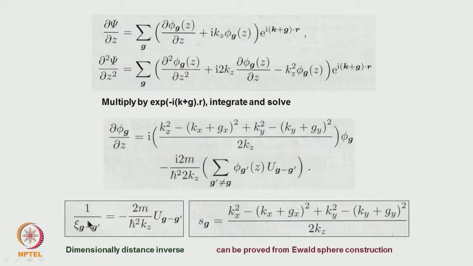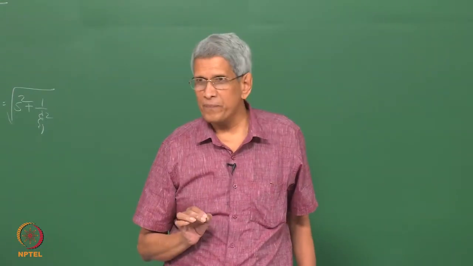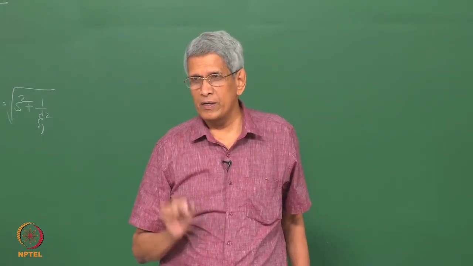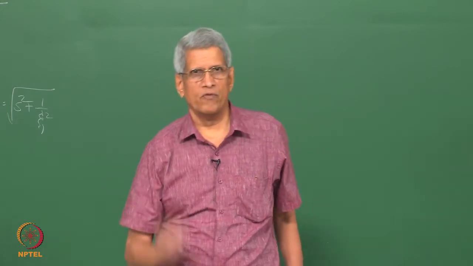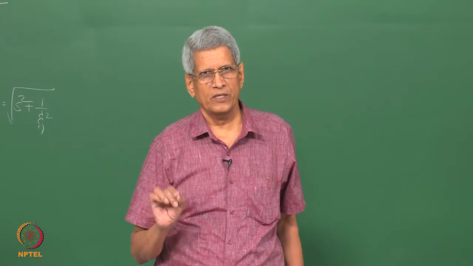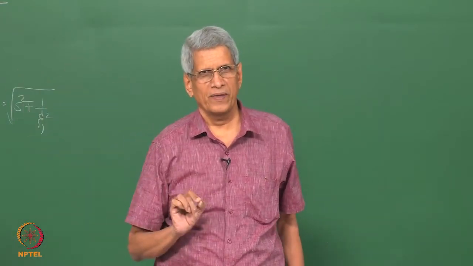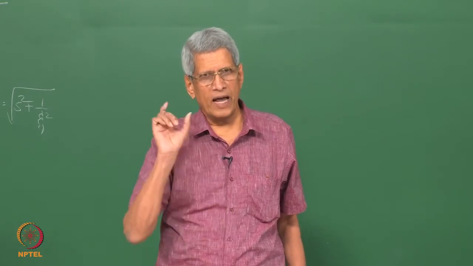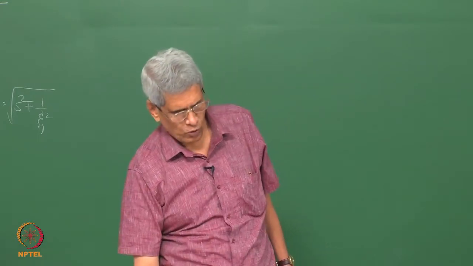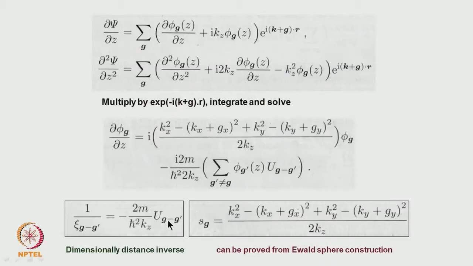So, what it essentially means is that the extinction distance depends, in a particular direction, on g to g dash, that is, from one particular value of g vector to another value of g vector. That tells the periodicity in that direction. For that periodicity, the Fourier component of the potential is going to decide the extinction distance.